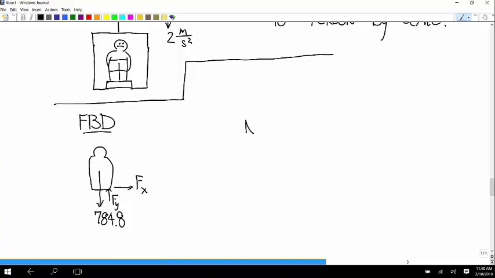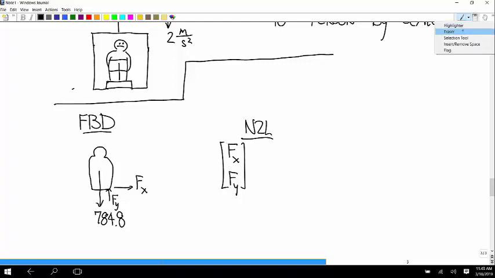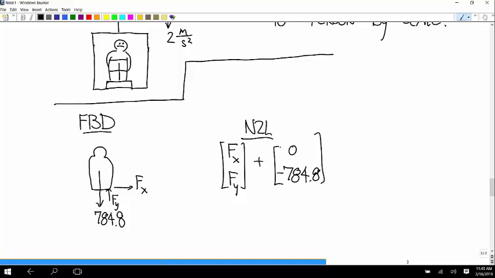And now Newton's second law says force applied by the scale, Fx, Fy, plus the weight force of 0, negative 784.8. So your weight doesn't really change because you're accelerating.